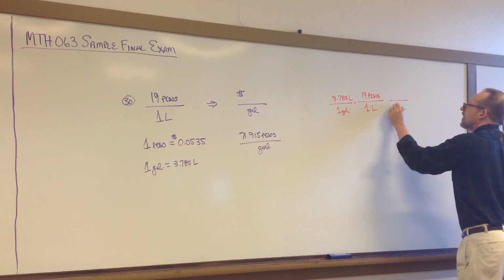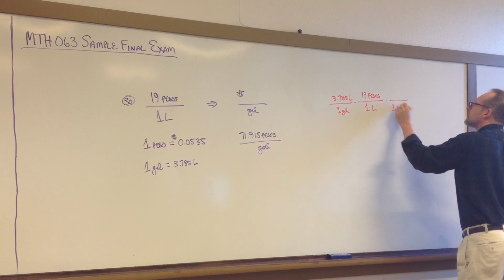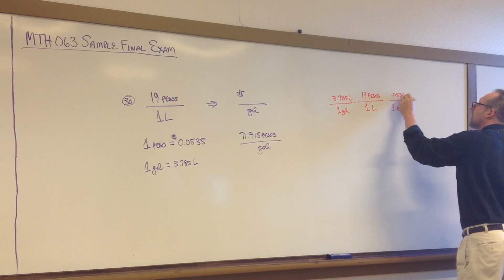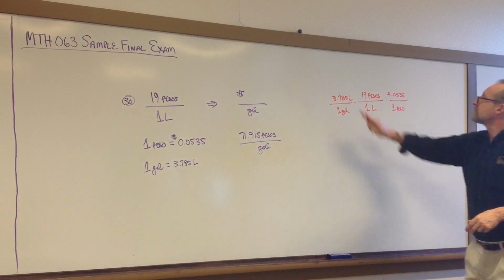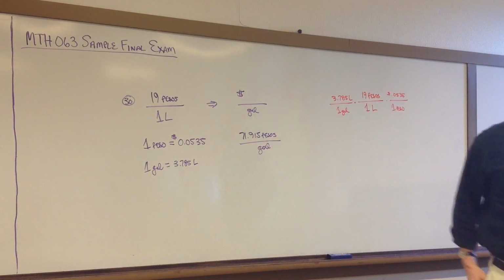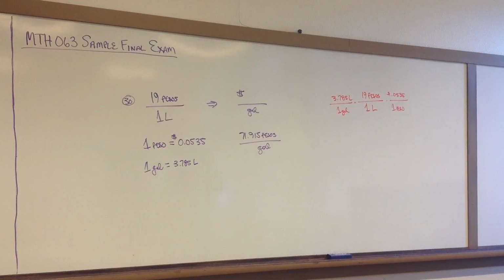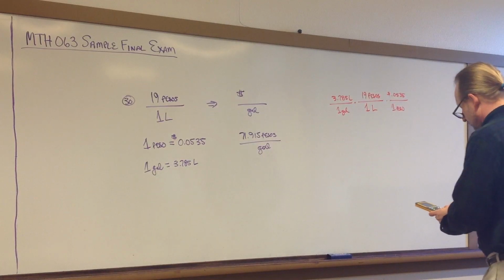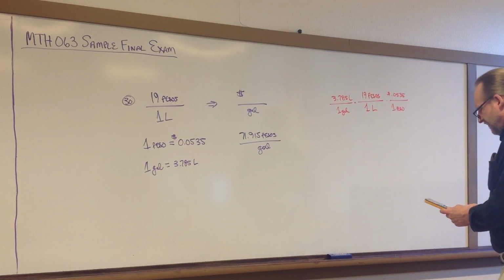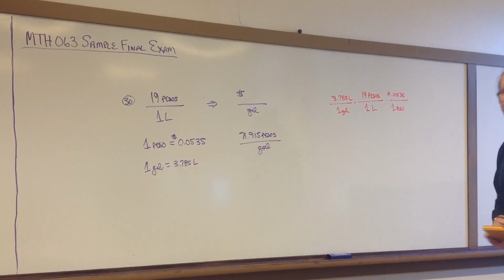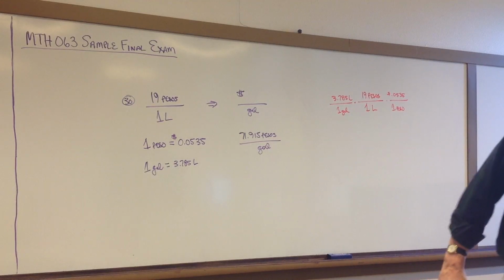Over here, 1 peso is $0.0535. And so really, all we're doing is multiplying those 3 numbers together. And I believe that's what we just did. 3.785 times 19 times 0.0535, $3.85 a gallon. Okay.